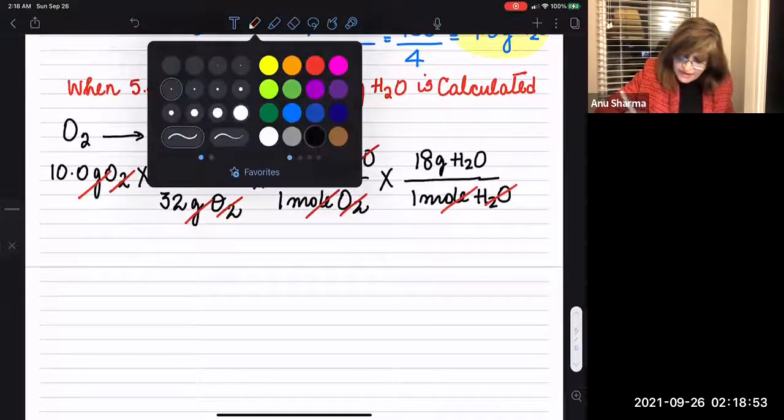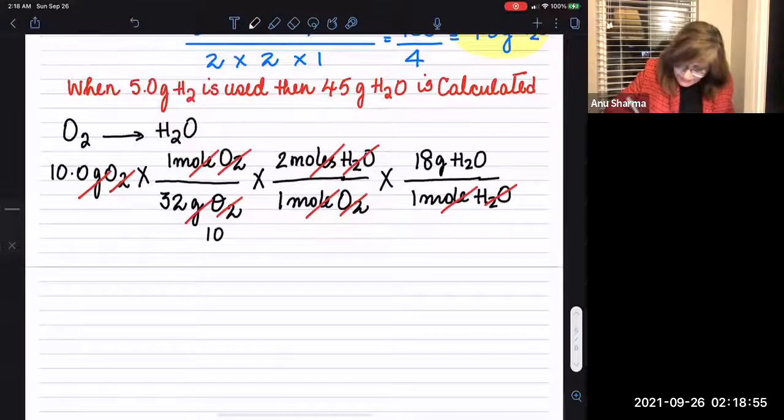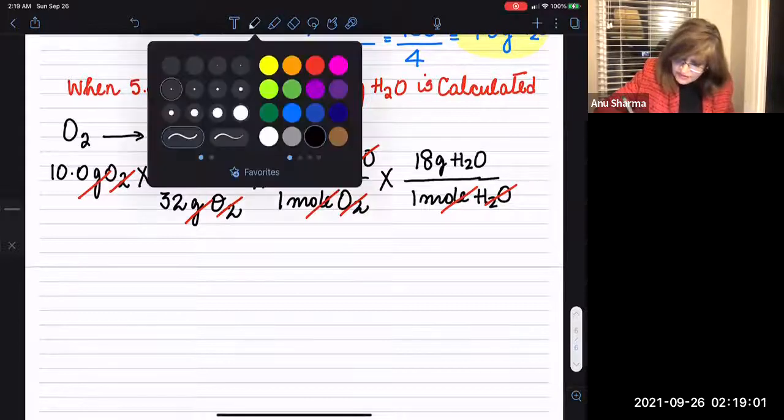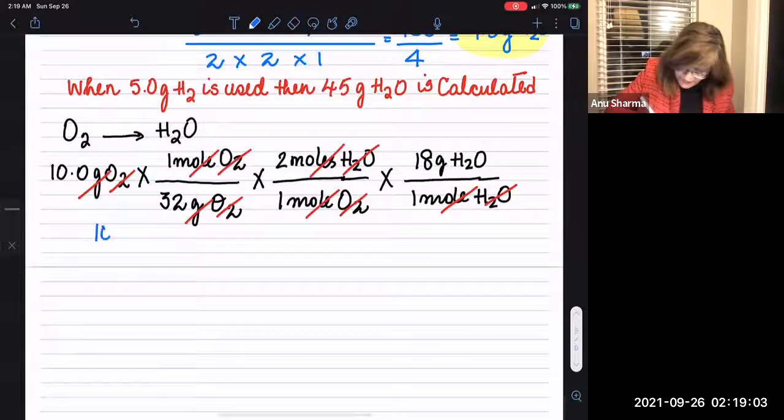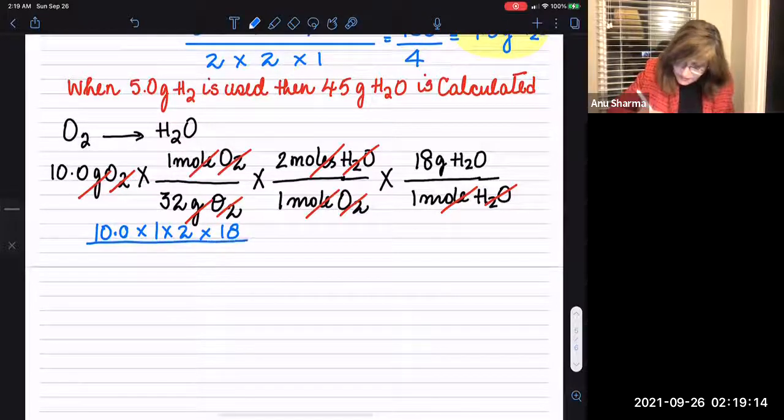You have 10.0 times 1 times 2 times 18 over 32 times 1 times 1.